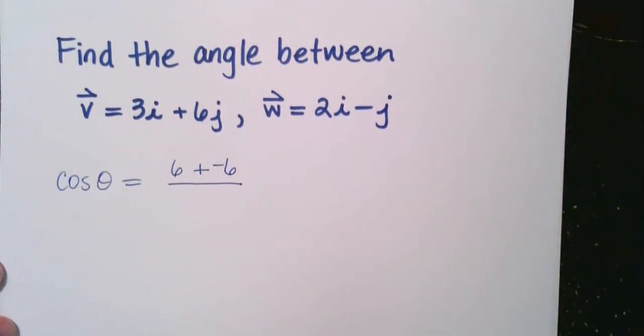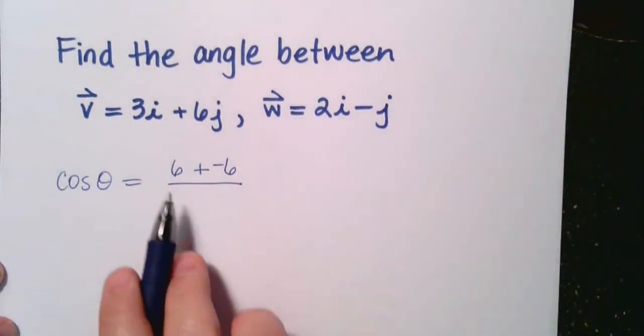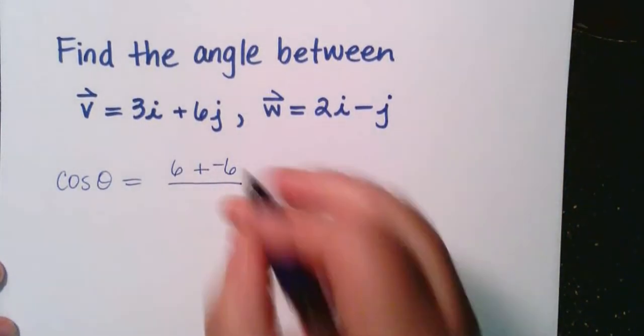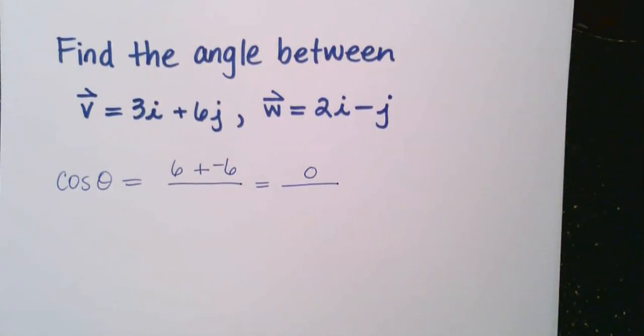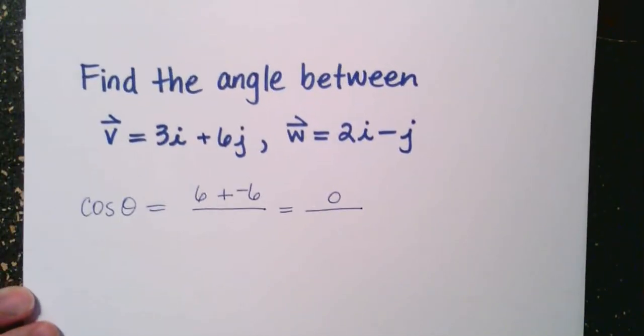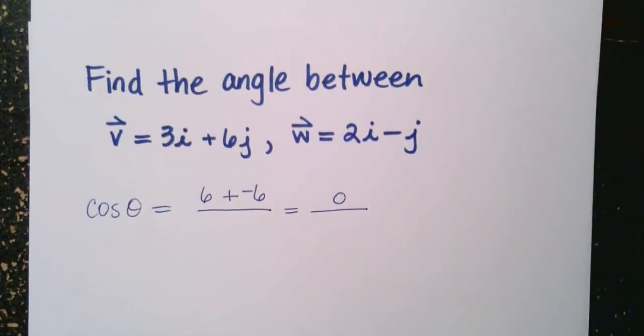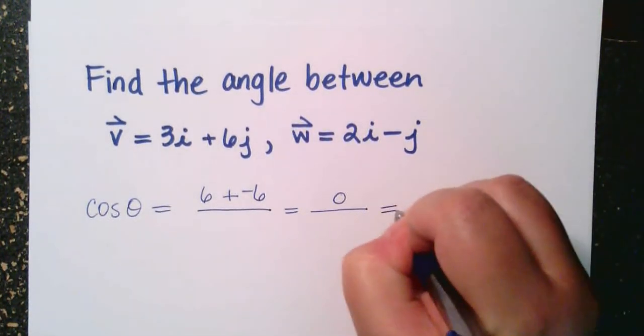Okay, so this is what I wanted to show you. If you have 6 plus negative 6 on top, you have 0 on top. Anytime you have a fraction, a 0 in the bottom is a problem. 0 in the bottom is undefined. But 0 on top means 0. So this whole thing is going to equal 0.